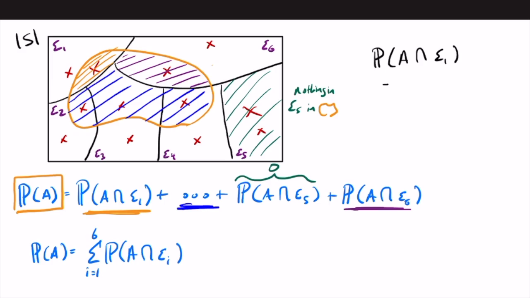We can say that this is the probability of A times the probability of E1 given A. It's also equivalent to say the probability of E1 times the probability of A given E1. Now, the probability of A and E1 occurring can be expressed in both of these ways.